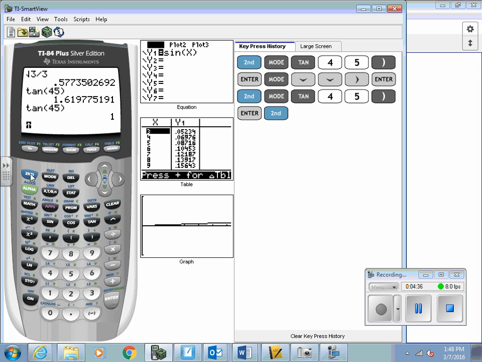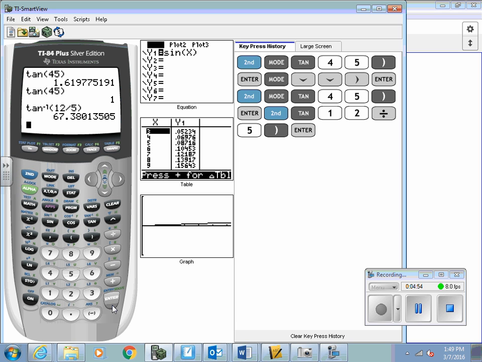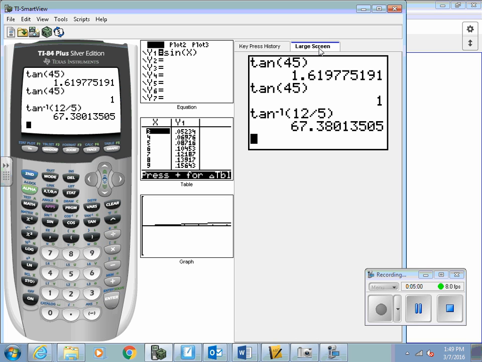If you want the inverse, you have to plug in the ratio of sides, and let's just say it's 12 over 5. And you get out an angle measure. So you get out an angle measure, you input a ratio of 2 sides.